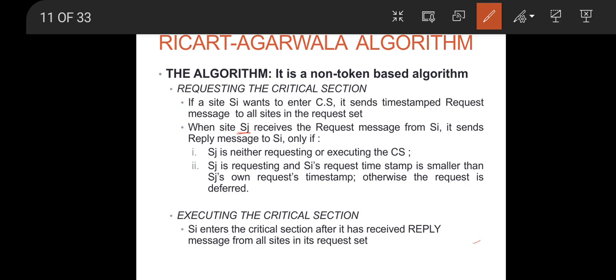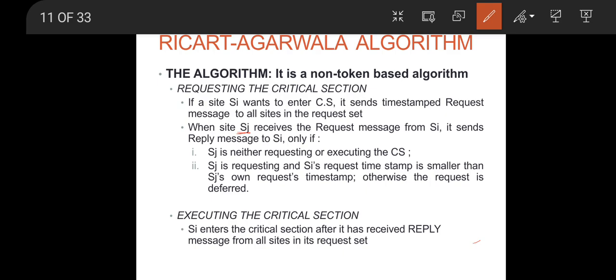So all in all, Ricart-Agrawala works by deferring the reply message. A site will not send a reply message if it knows that it should enter the CS before the currently requesting site.